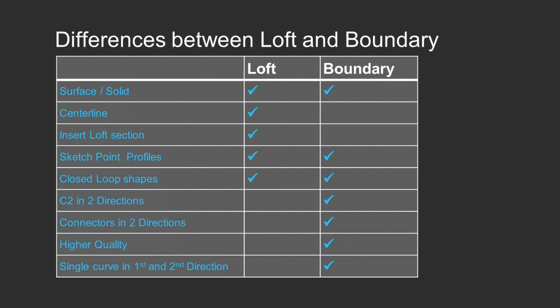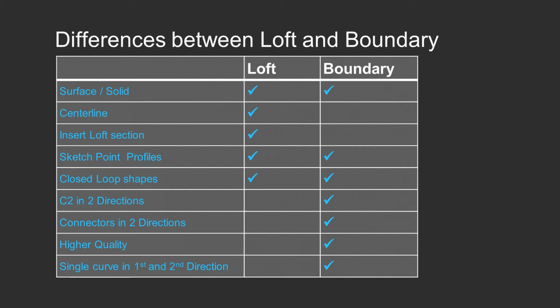But in 2007 it started to take over some of the functions that Loft had been doing for quite a while, but then added some important new aspects, and that is basically quality. The ability to maintain tangency on both the first and second directions.